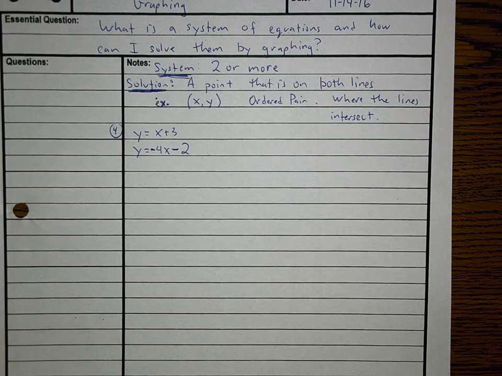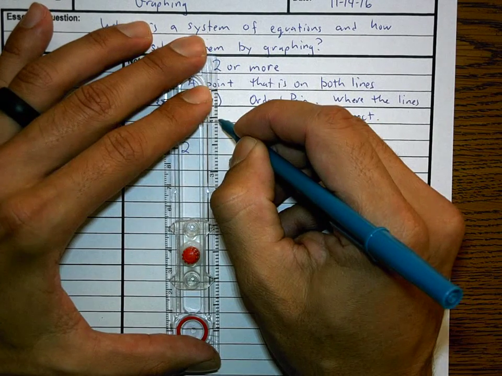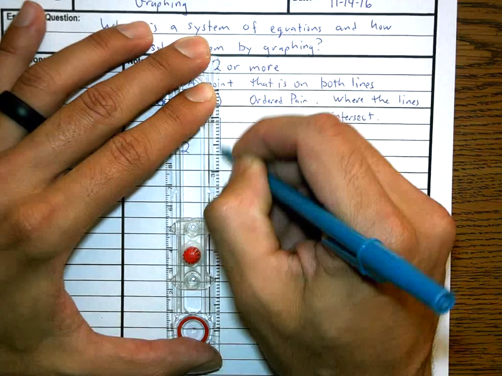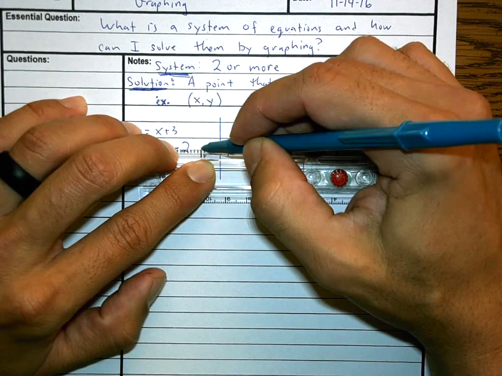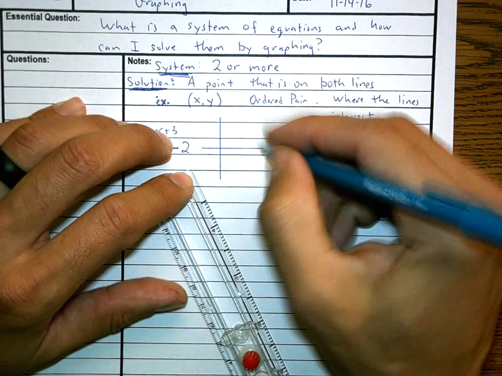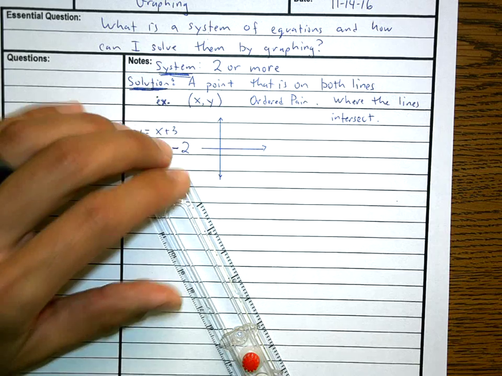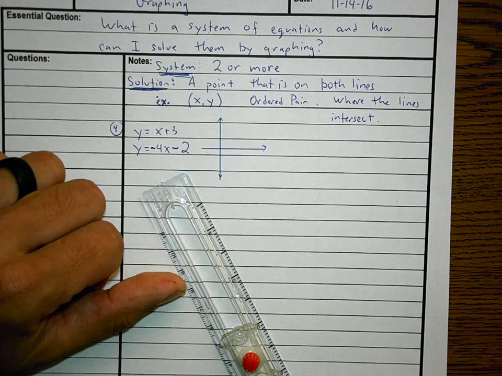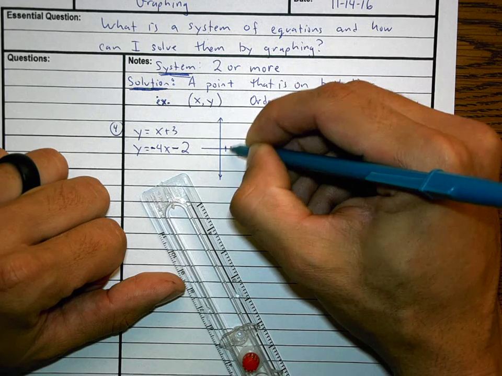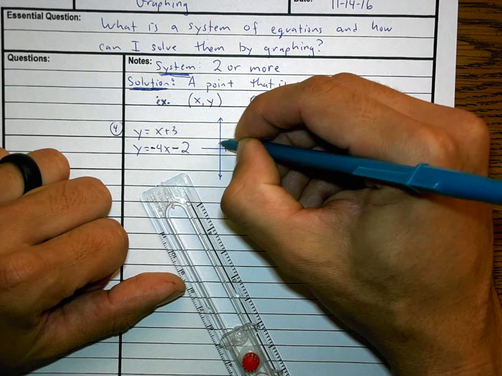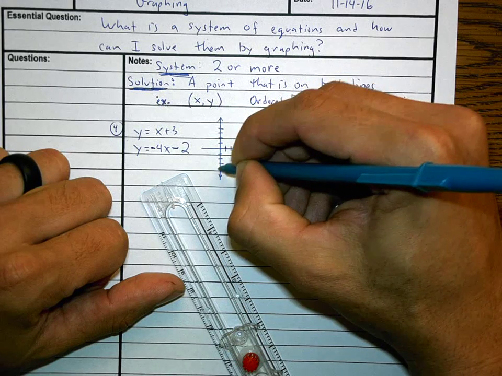When we have to do this, it is extremely important to be as accurate as you possibly can. So when I draw this, I'm actually going to draw mine with a ruler because I want to be as accurate as I possibly can. Feel free to try as best you can to draw straight lines as accurately as possible. I'm going to go 1, 2, 3 that way. I'm going to go 1, 2, 3, 4 this way. I'm going to go 1, 2, 3, 4 that way.